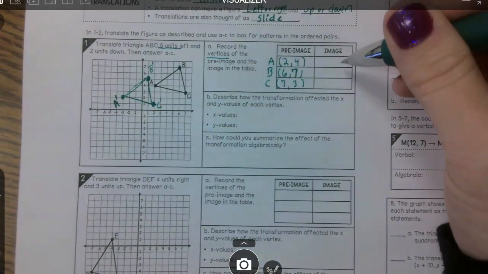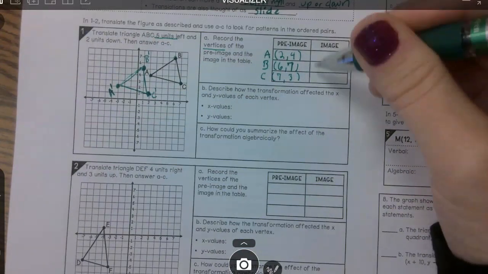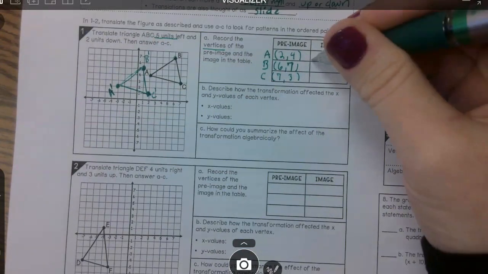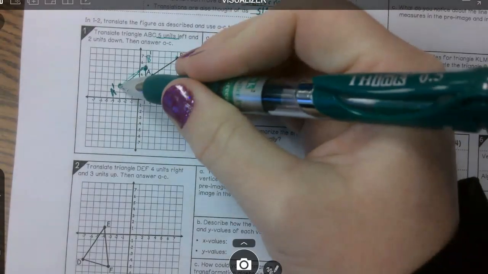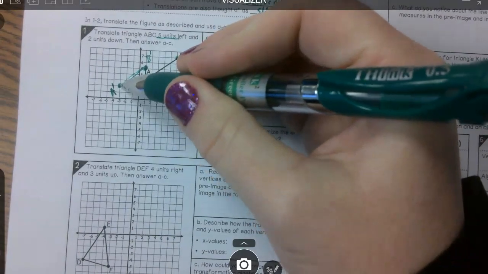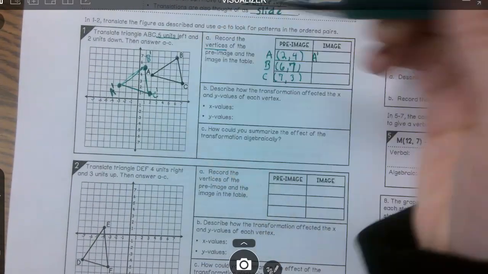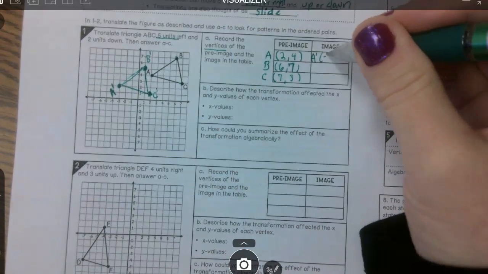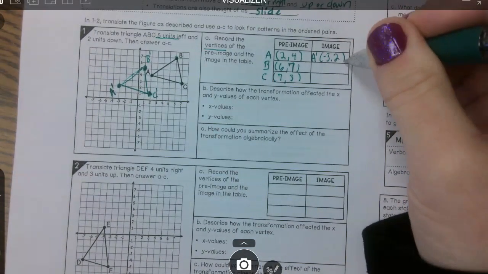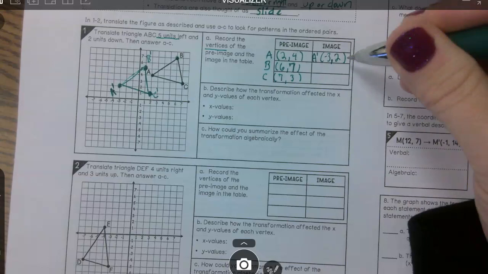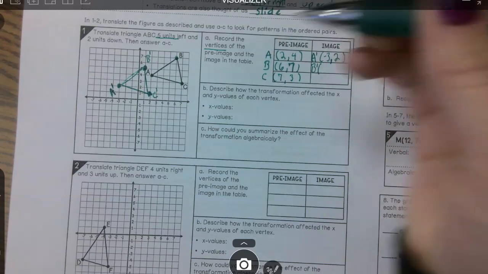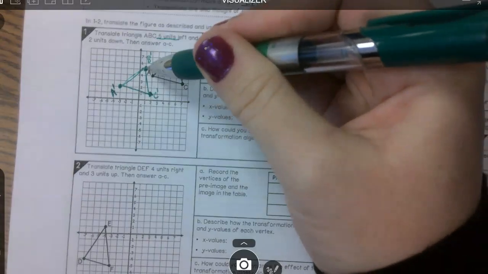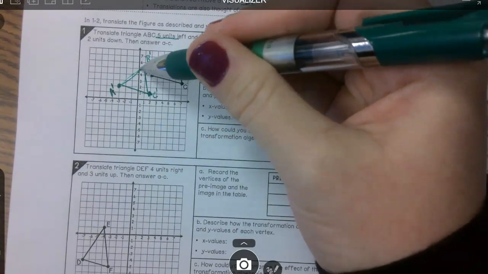Now what I'm going to do is fill in where the new points are. A prime is right here. That point is -3, 2. B prime is at, let's see here, x is 1, y is 5.